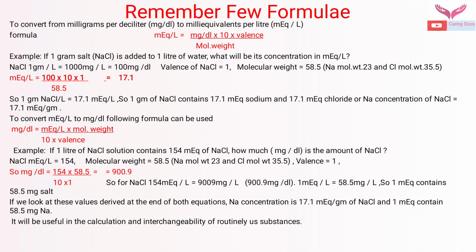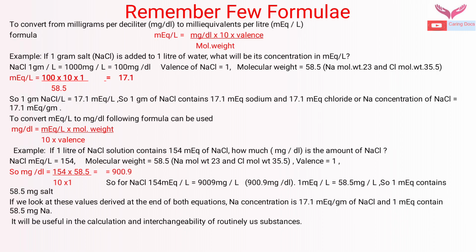So 1 gram of sodium chloride per liter will be equal to 17.1 milliequivalent per liter. So 1 gram of sodium chloride will contain 17.1 milliequivalent of sodium and 17.1 milliequivalent of chloride, so the concentration of sodium chloride will be 17.1 milliequivalent per gram.